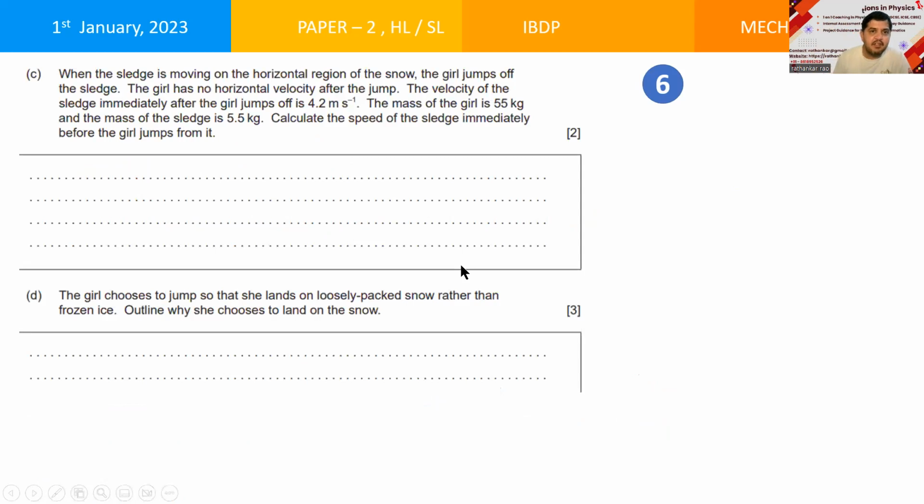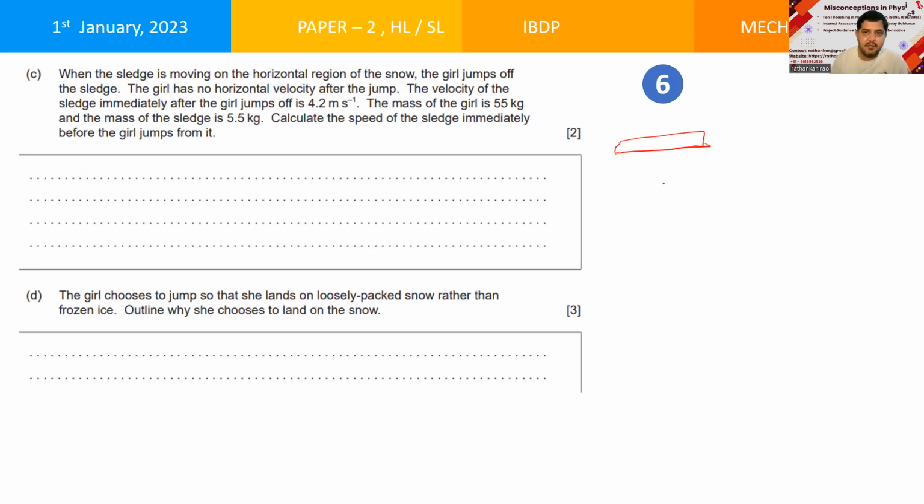When the sledge is moving on the horizontal region of the snow, the girl jumps off the sledge. Okay, she wants to jump off. The girl has no horizontal velocity after jump. The velocity of the sledge immediately after the girl jumps off is 4.2 meters per second. This is my sledge, and this is the girl who jumped off from here.